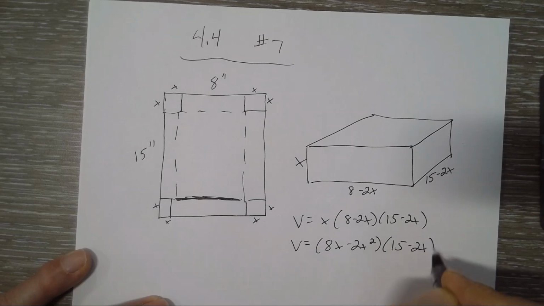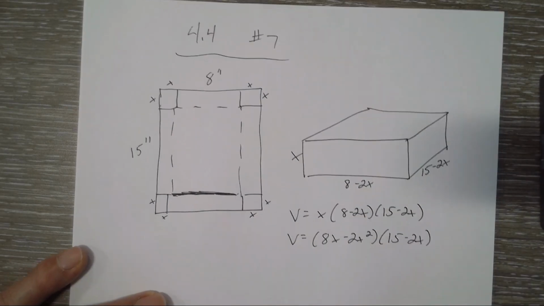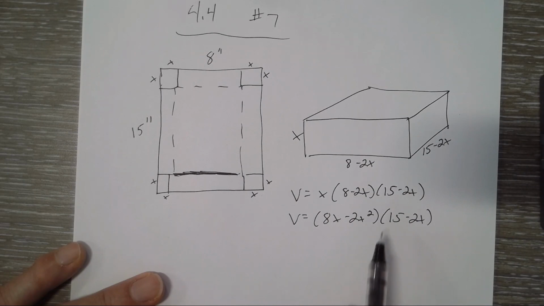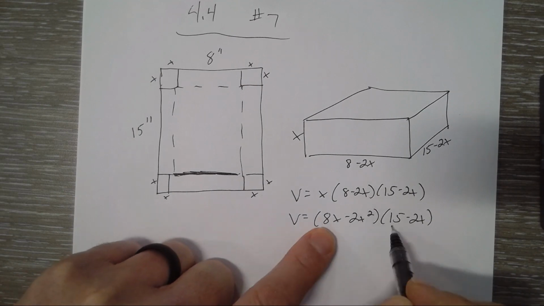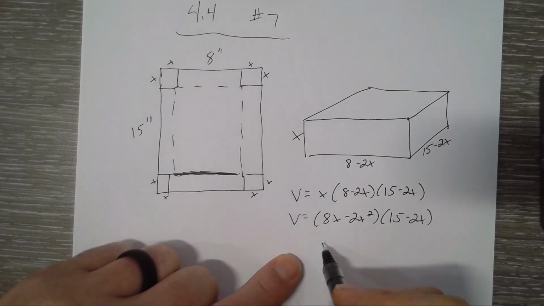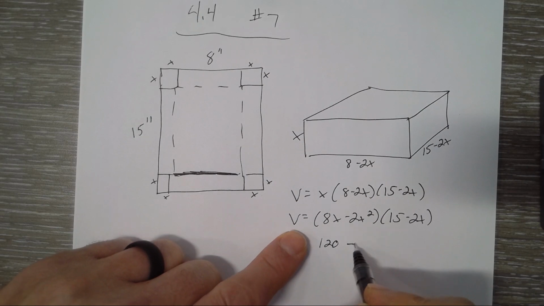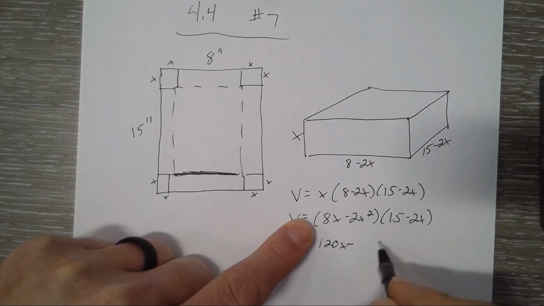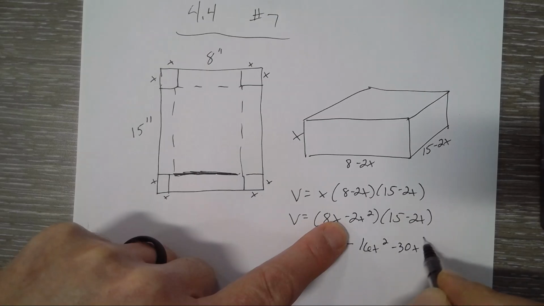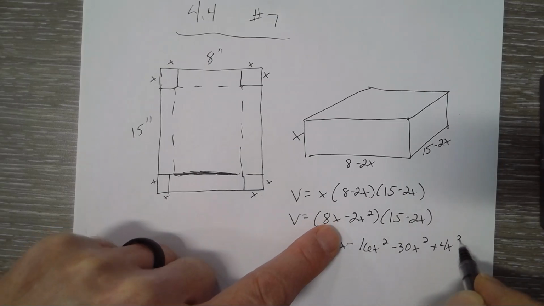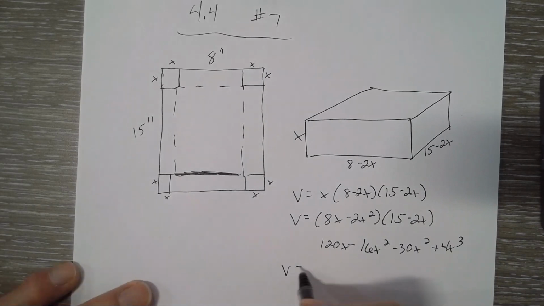We could do a product rule, or we could expand this too, so maybe I'll just expand it. So I have X times 120 minus 16X minus 30X plus 4X squared, so our volume is 4X cubed minus 46X squared plus 120X.